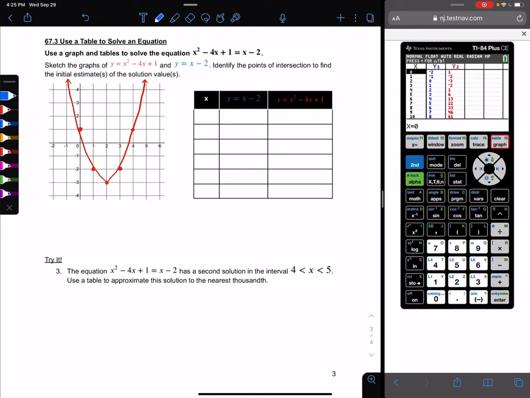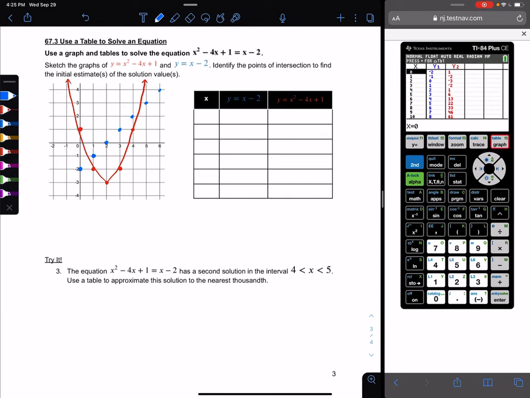I have 0, negative 2, so that's going to be here. I have 1, negative 1, so that'll be right here. 2, 0, 3, 1. If I keep going, it's pretty clear where the rest of my line goes. But we'll have 4, 2, 5, 3, 6, 4.